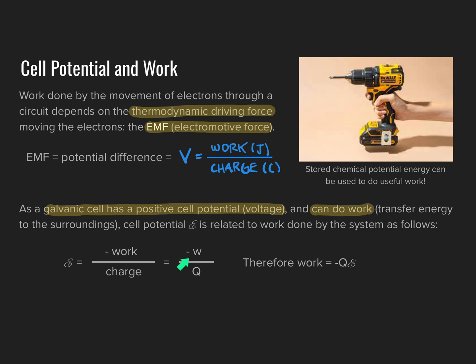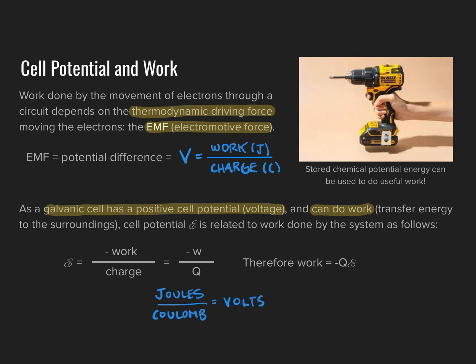So we have a negative there to notate that the system is losing energy in a system where the cell potential is positive. Looking at the units, work is in joules and charge is in coulombs. Cell potential is therefore joules per coulomb, which is volts.